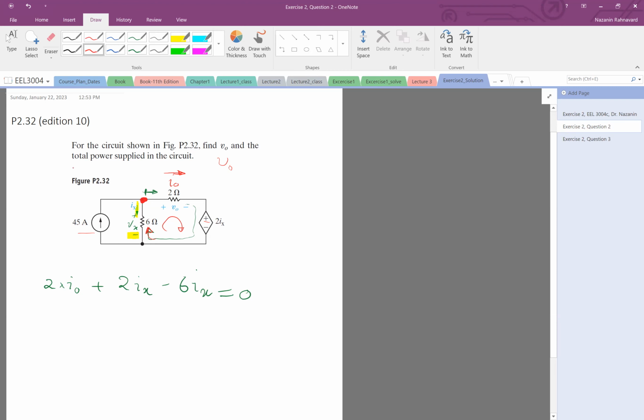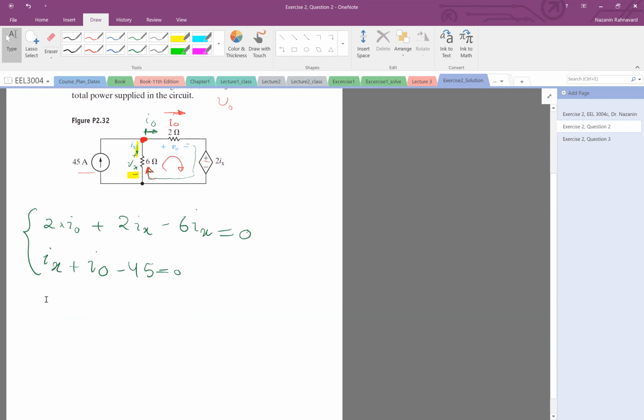And then, because it's a current source, I can also write a KCL here. So Ix plus IO minus 45 equal to 0. So 2 unknowns and 2 equations.